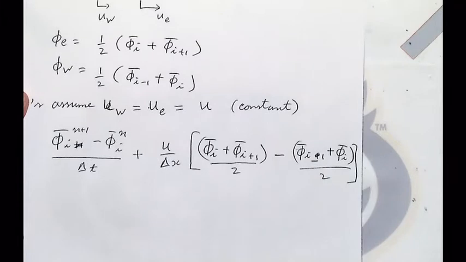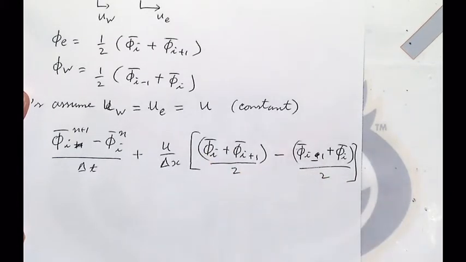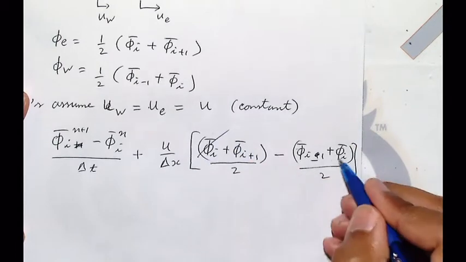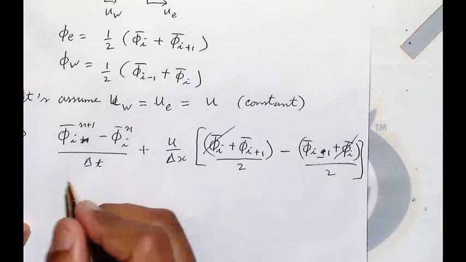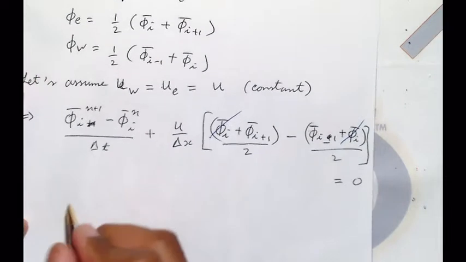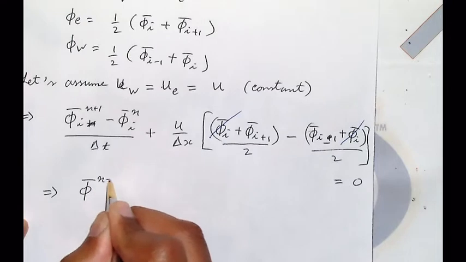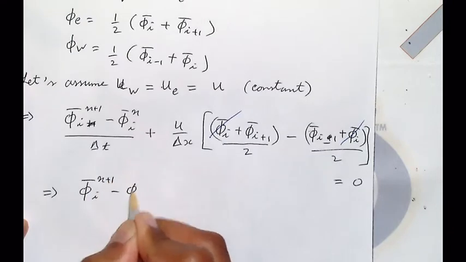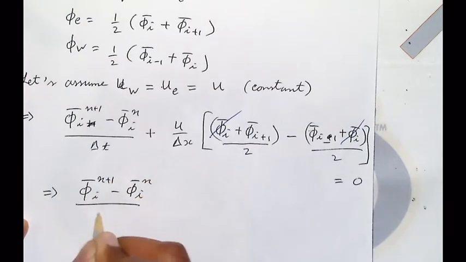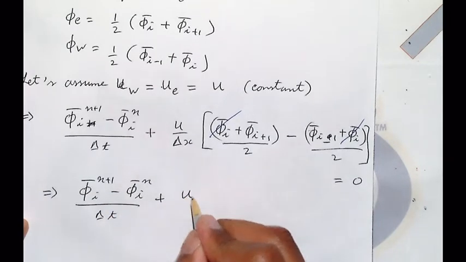Okay, and when we simplify this, this term will cancel this term. All right, and this is a 4. So what do we get? We get (φ̄ⁿ⁺¹ minus φ̄ⁿ)/Δt plus u times the difference over 2Δx.